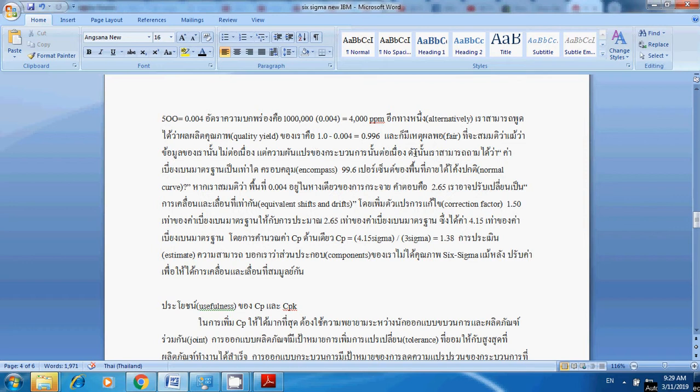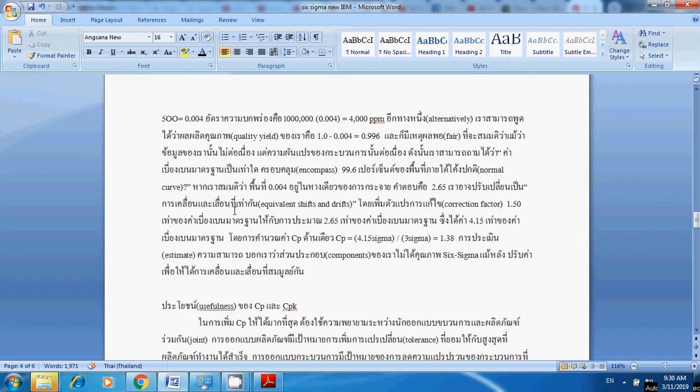Then we can ask what the standard deviation is that encompasses 99.6% of the area under the normal curve. If we assume that the area 0.004 is in one tail of the distribution curve, the answer is 2.65.